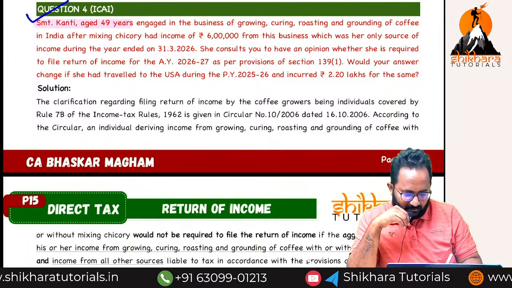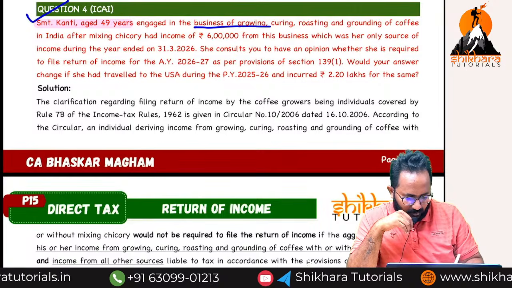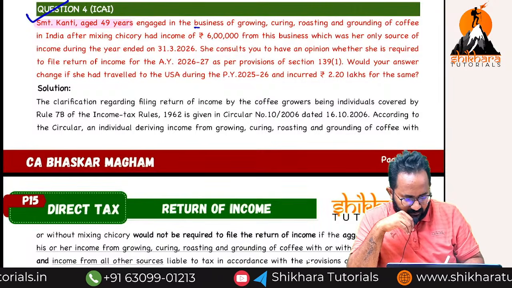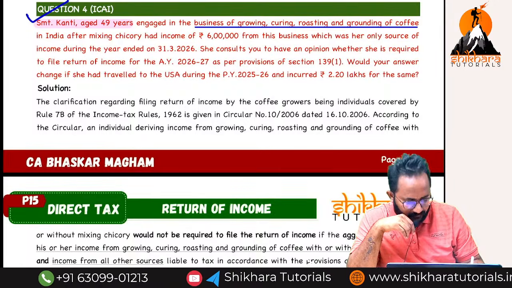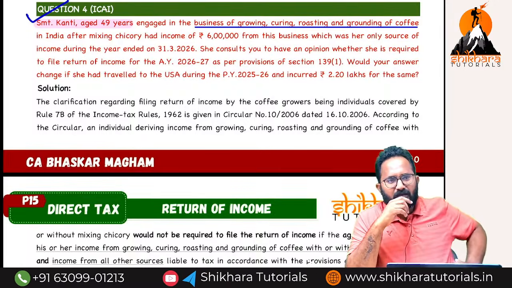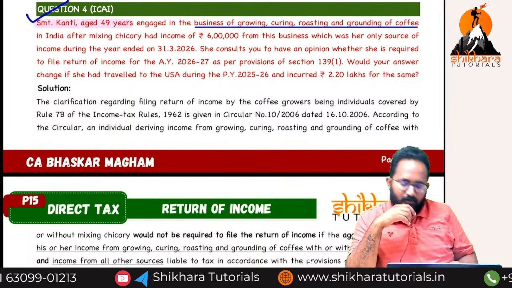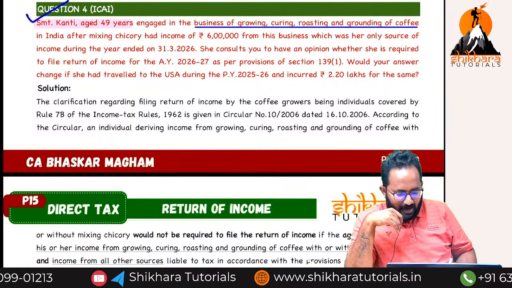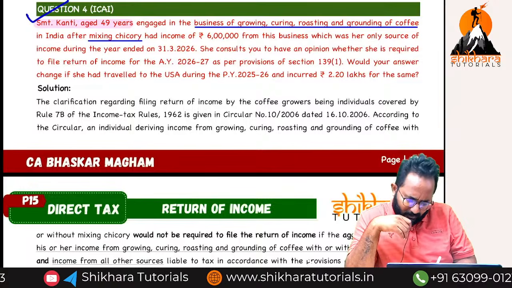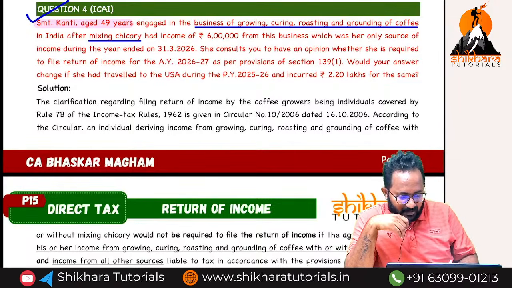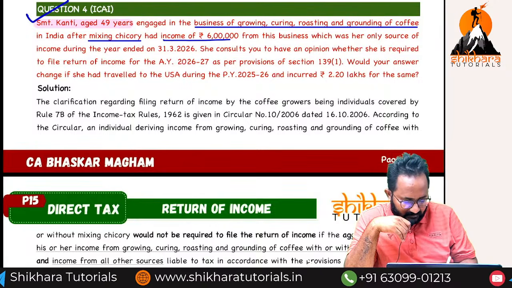Okay. What is the business? They are engaged in the business of growing, curing, roasting and grinding of what, ma? Coffee. I think in your intermediate you have one provision, composite income. Now we can apply that knowledge. After they mix one chemical or one product, they are selling these things, they are generating how much income? 6 lakh.